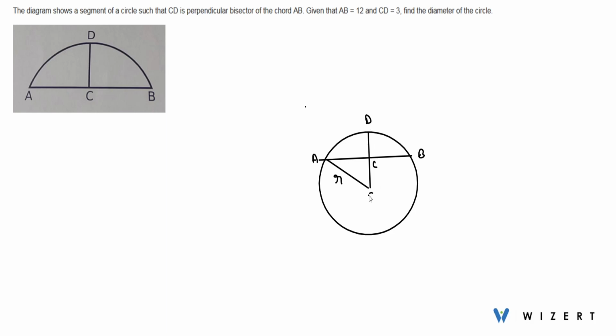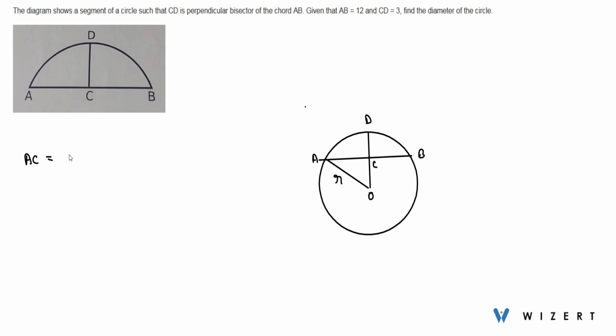Now we know that when a line drawn from the center and perpendicular to the chord AB always bisects the chord AB. So AC will be equal to AB upon 2 because the line OD bisects the chord AB.